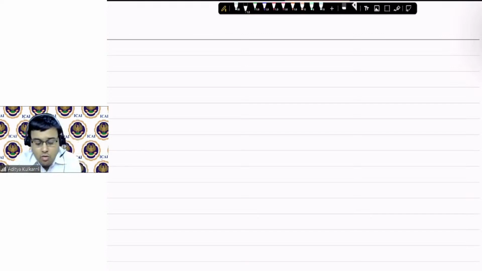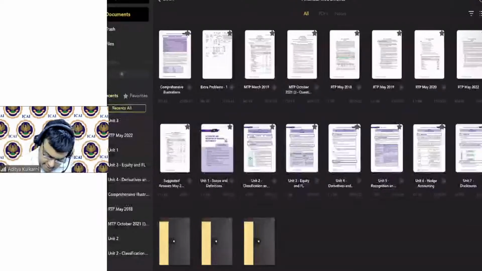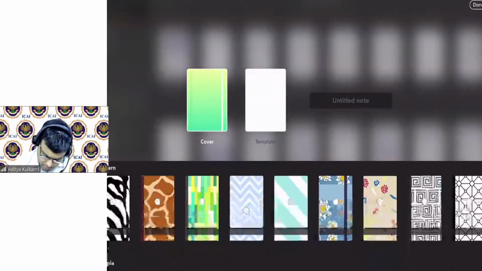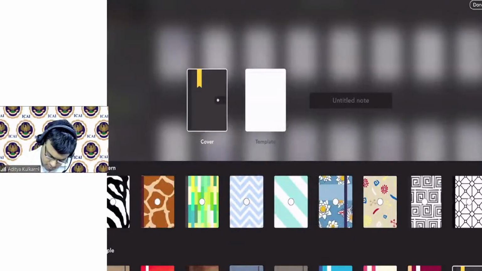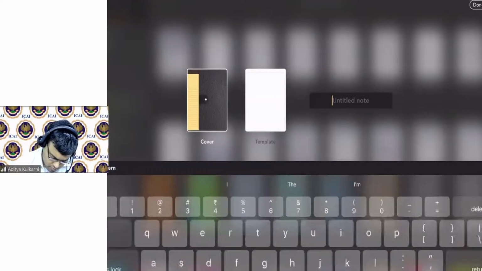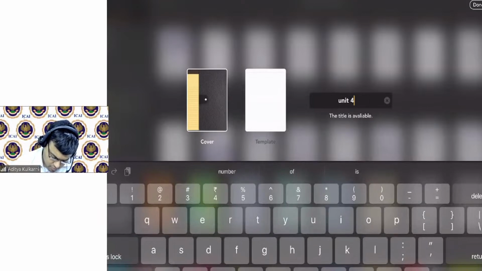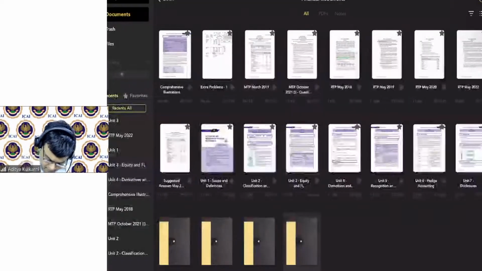Okay, so now coming back to derivative. Now we start the next one, that is accounting for derivatives. And this is a little bit important. Is it unit 4? Okay.